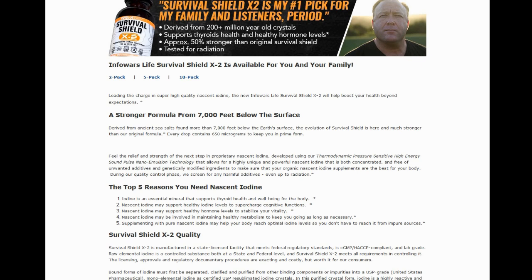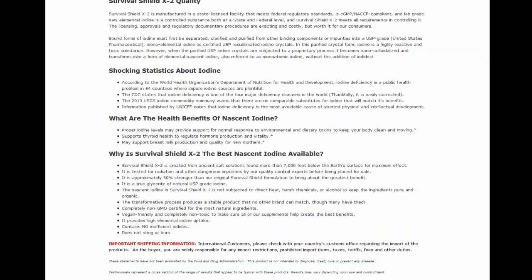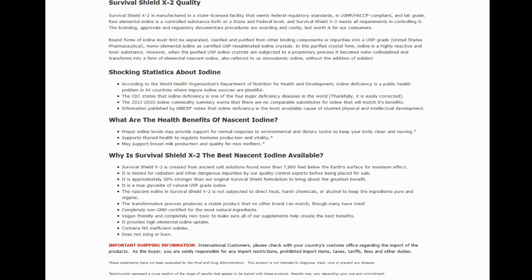In fact, if you look at the rates of breast cancer, let's say 1959, when the birth control pill was first introduced, the rate of breast cancer was 1 out of every 17 women. In just this year alone, 1 out of every 8 women is coming down with breast cancer, and within another 3 or 4 years, it'll be 1 out of every 7.